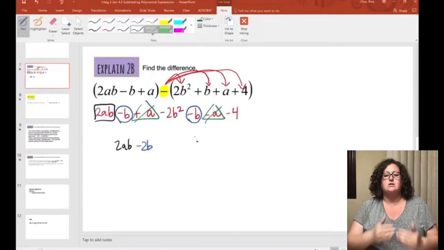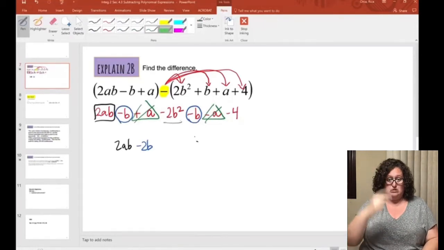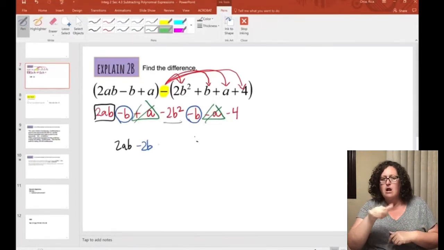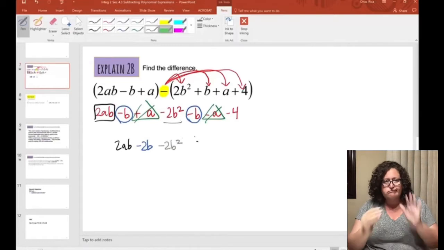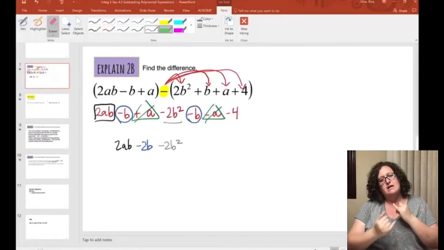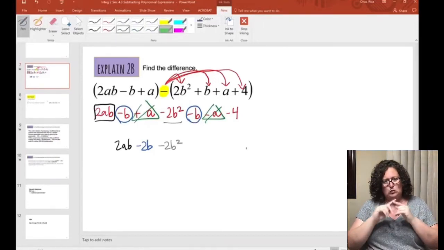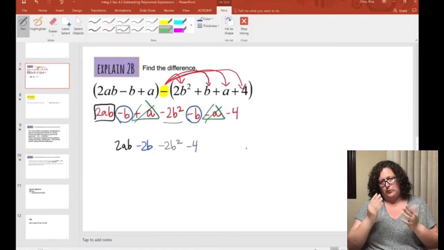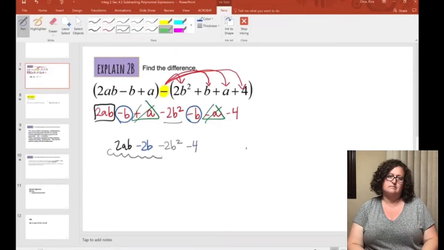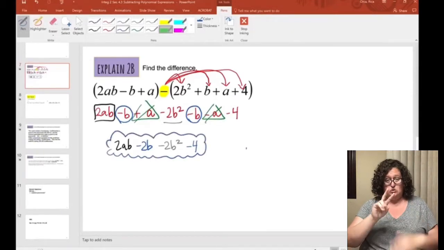Next set, negative 2b squared. Well, I can't combine that with anything else, so I'll go ahead and write negative 2b squared. And finally, we have that minus 4 that we can't add to anything else. So go ahead and just drop that down. Our final answer is 2ab minus 2b minus 2b squared minus 4.